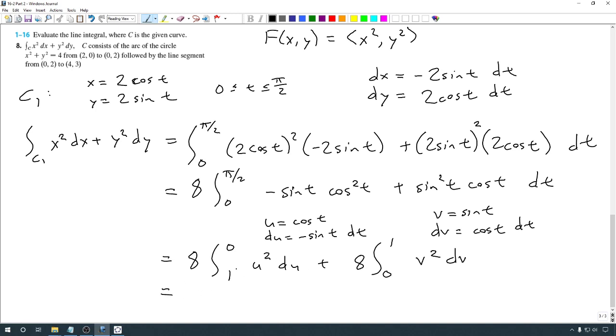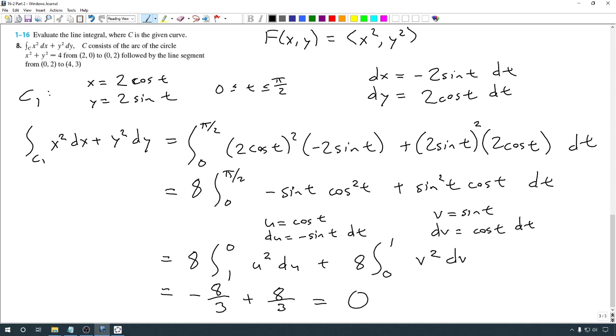This first one, because we're integrating u squared from 1 to 0, we end up getting a negative 1/3. And then over here, we get a positive 1/3. So actually, those both cancel each other out.